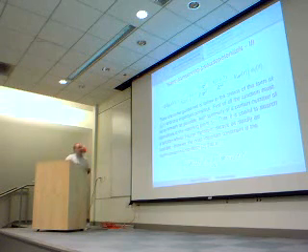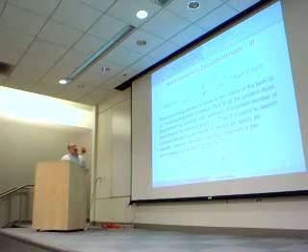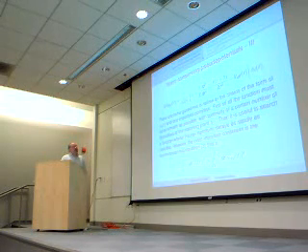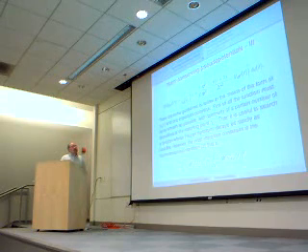Previously, when the importance of this condition was not recognized, people constructed pseudopotentials taking as the pseudo-wave function exactly something that was equal to the all-electron one outside the core radius, and then something else inside.